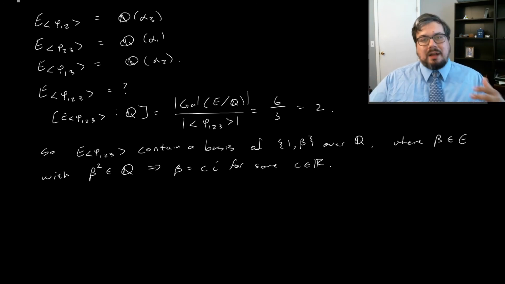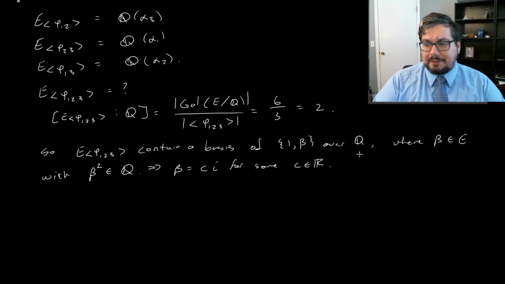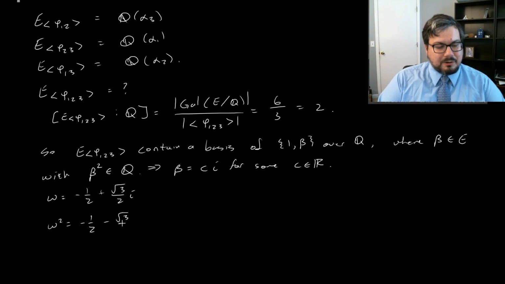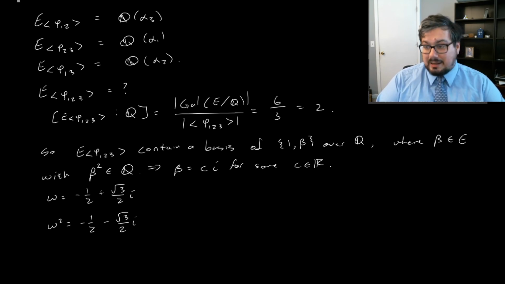So we can try around with a number of ways of constructing things, and you pretty much just have to try things. But you can notice that omega is -1/2 plus the square root of 3 over 2 times i, and omega squared is actually -1/2 minus the square root of 3 over 2 times i. So in particular, this means that the square root of 3 times i is equal to omega minus omega squared.